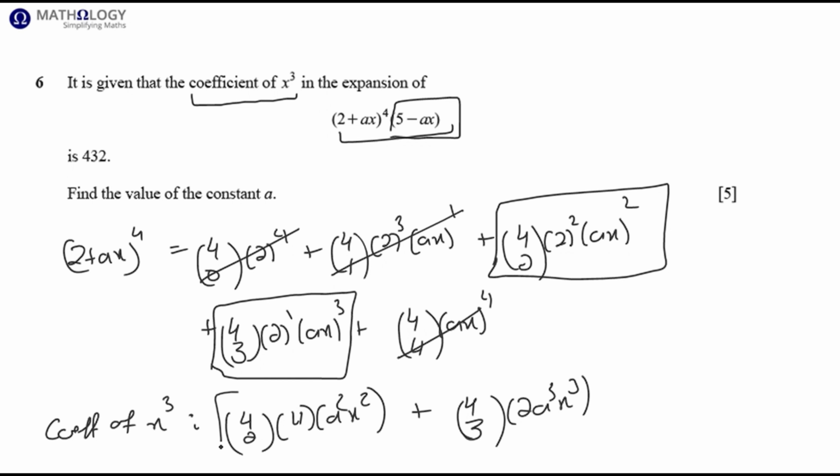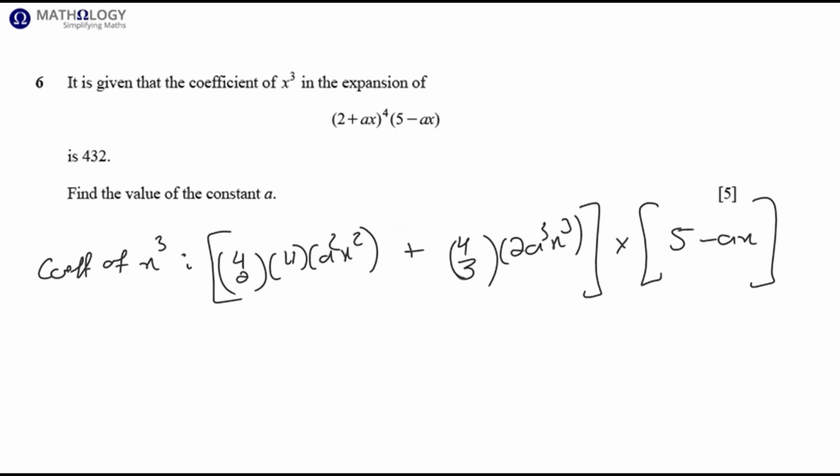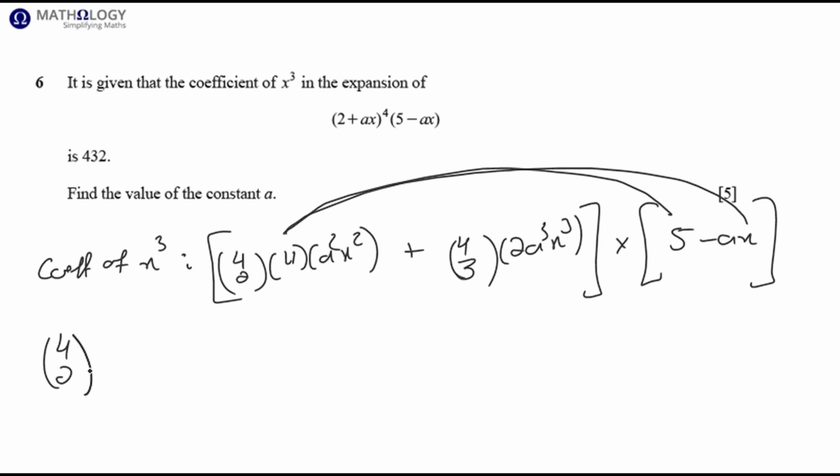Now we're going to take these terms and multiply by 5 minus ax. When we multiply the first term of the first set of brackets with the first term of the second set of brackets, we still get a term in x squared. We won't get a term in x cubed, so we're not interested in that. The first term of the first set of brackets times the second term of the second set of brackets will give us a term in x cubed. We have an x squared term here and an x term there, so we are interested in that term.